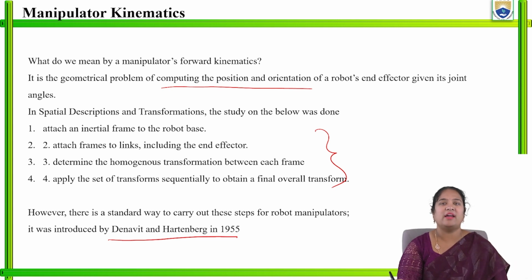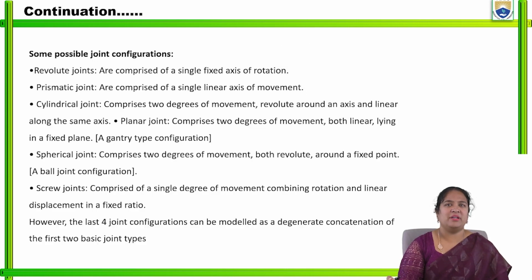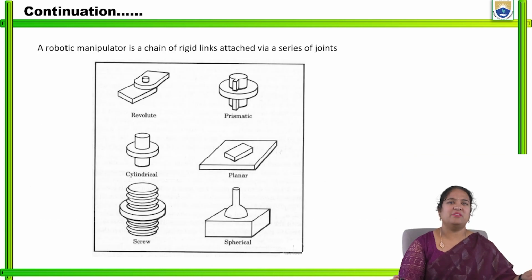In the year 1955, Denavit and Hartenberg introduced this particular manipulator kinematics. So there we have various sorts of robot manipulator kinematics depending upon the various configurations.